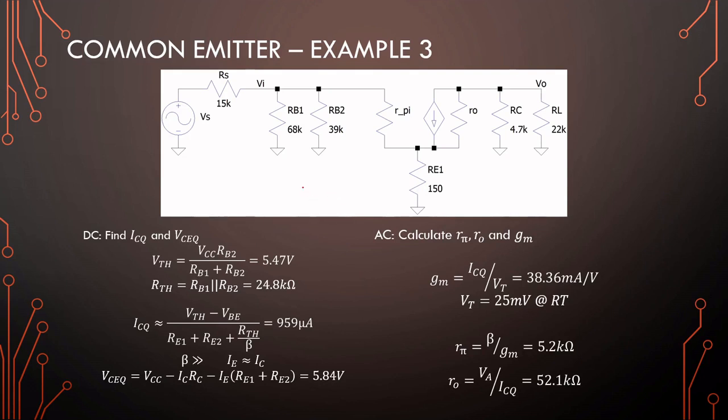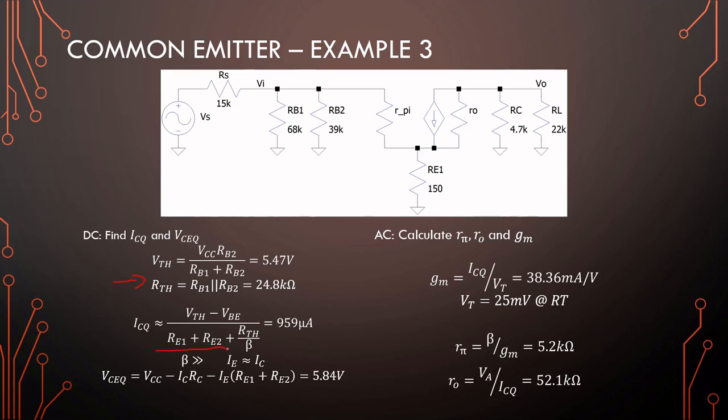Right, so we have our voltage divider bias, and RE1 is the only difference between the previous examples and this one. So RE1 remained here. Okay, now we can calculate our voltage divider bias, so our Thevenin, and with that we get the same results as example 1.